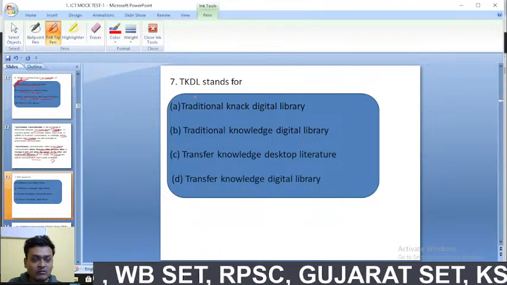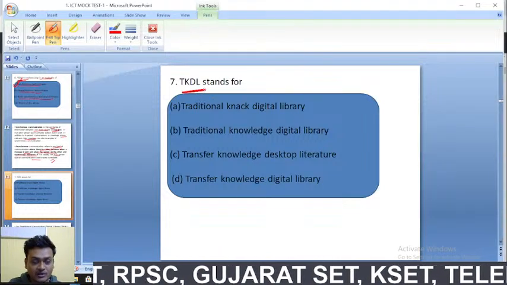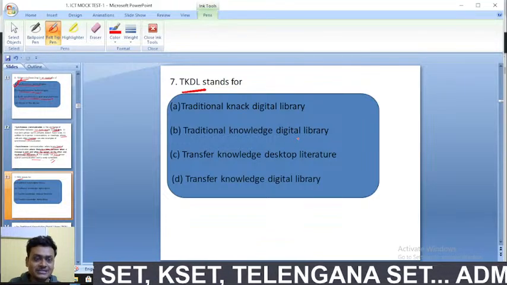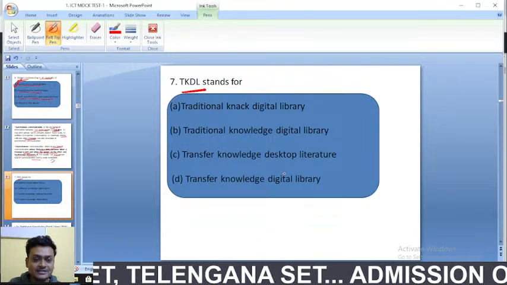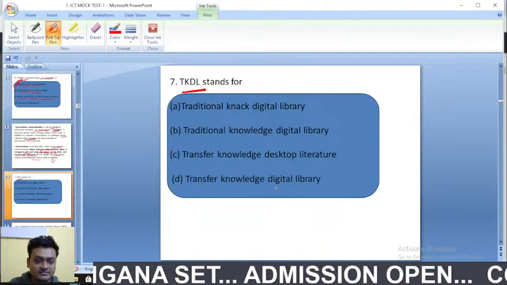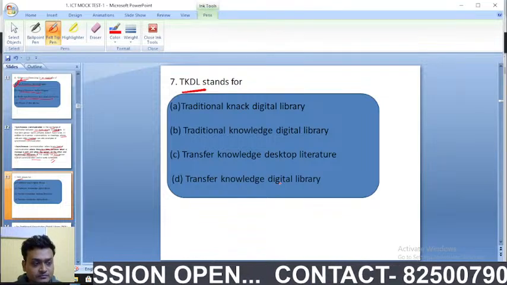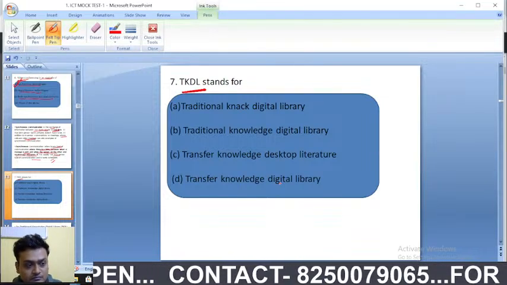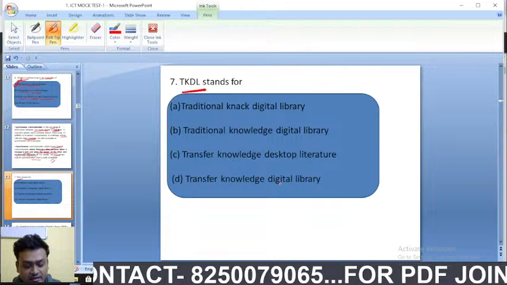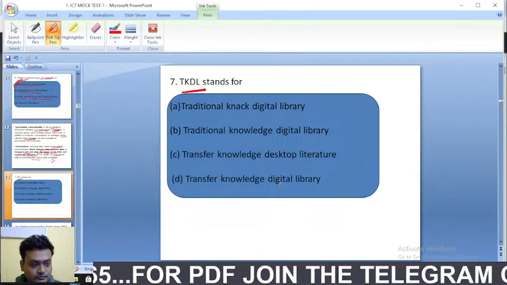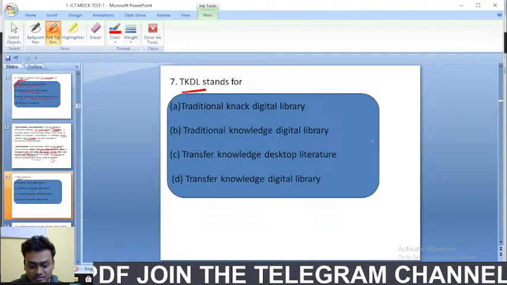What is the full form of TKDL? Traditional knowledge digital library, transfer knowledge desktop literature, or transfer knowledge digital library. TKDL was set up in 2001.